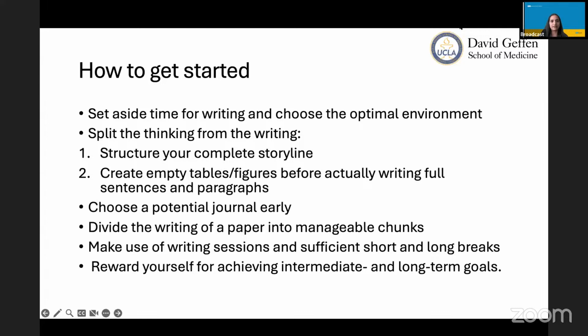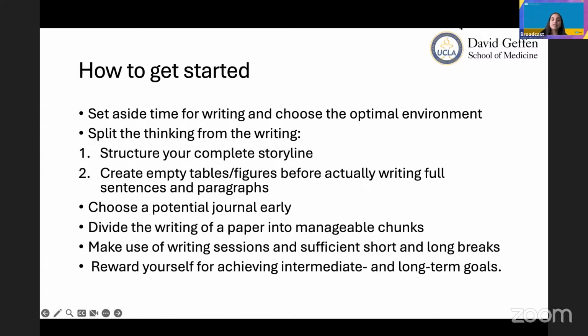I think one of the things I would tell you all is to think of it like a story. Your research, which is going to be published, should be like a complete story. And you have to structure a storyline and create tables, figures, and everything before you actually write the full sentences and paragraphs, so that you have a skeleton first, and then you go through the writing part.